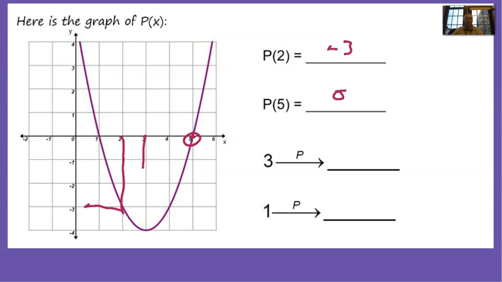If we put in 3, it goes all the way down here, and the output is negative 4. If we put in 1, that's another place where it crosses the graph. So at 1, the y-coordinate is 0. Okay.